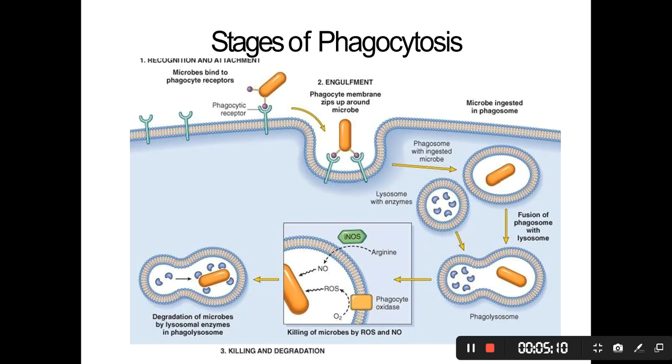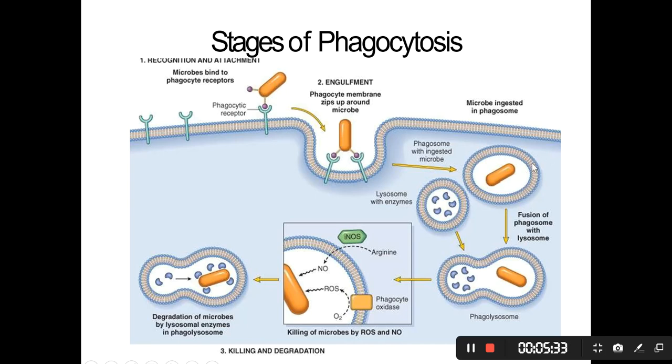In engulfment, the phagocyte membrane zips up around the microbe. So what happens is, here it got stuck, then it goes inside, and the other two layers come up above it. That is how it has ingested the microbe inside it.